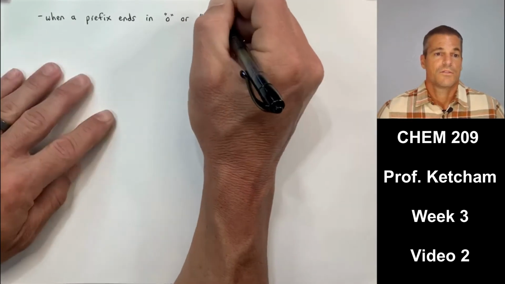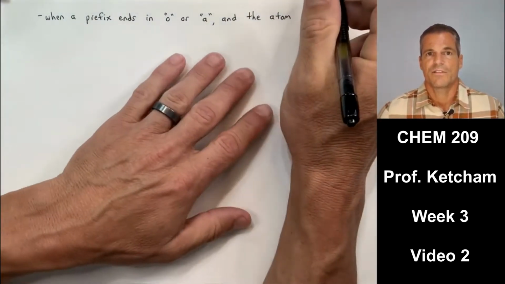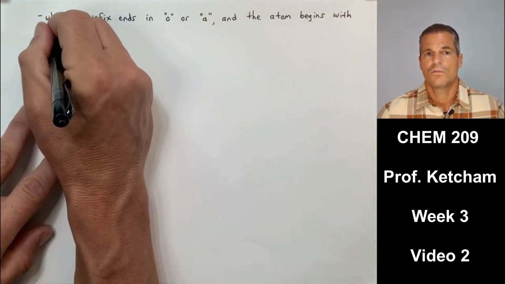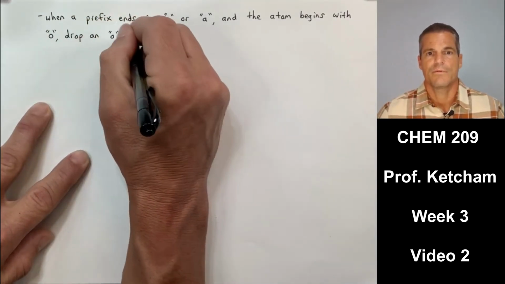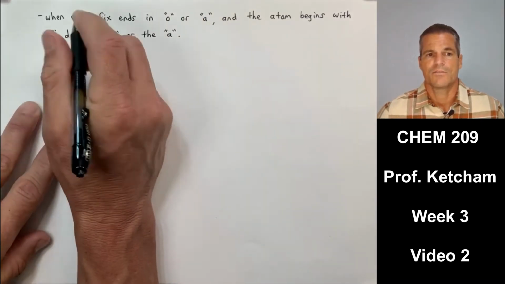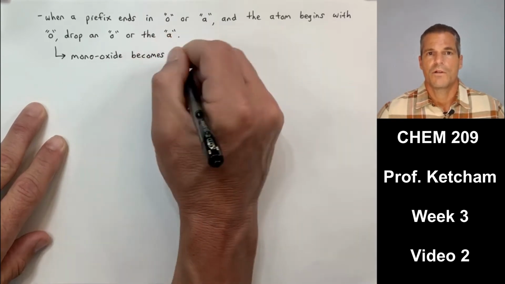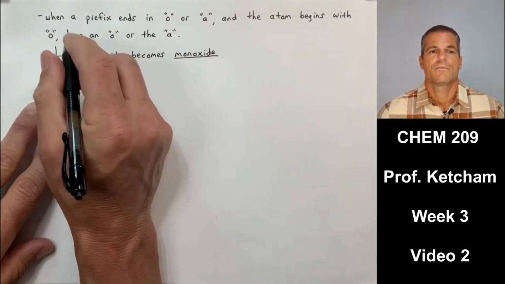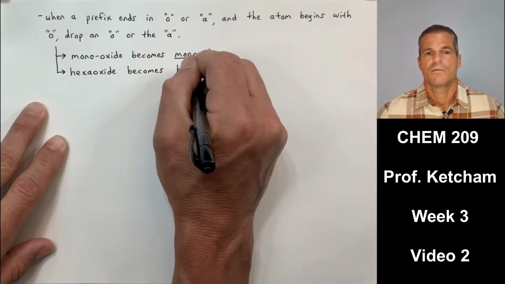All right, so moving on to page 2 of our notes here, just a few more notes on prefixes. When a prefix ends in O or A, like mono and hexa, for example, and the atom begins with O, like oxygen, we drop one of the O's or we drop the A. So monooxide becomes monoxide.